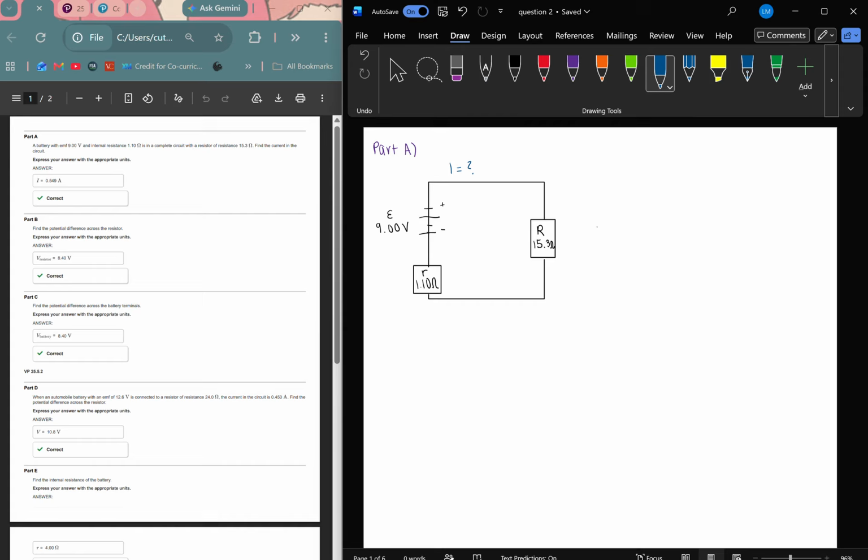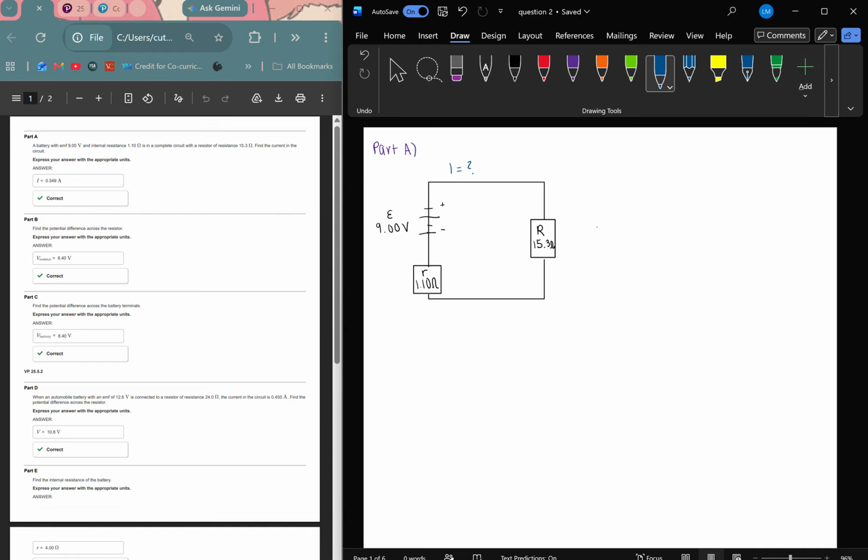This symbol represents the electromotive force of the battery, and it's normally measured in volts. Then I drew the internal resistance, which is here, 1.10 ohms.